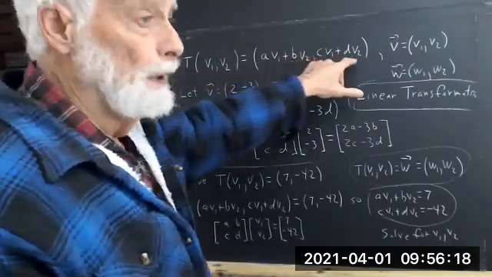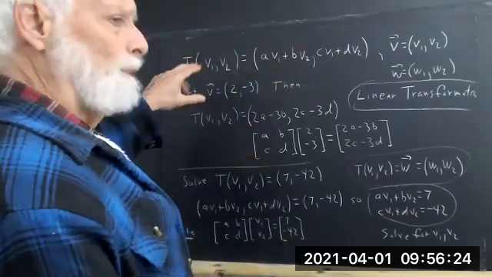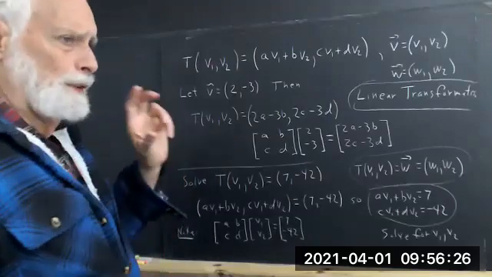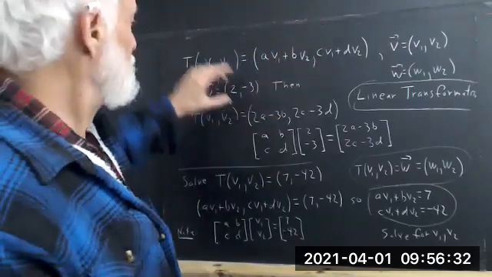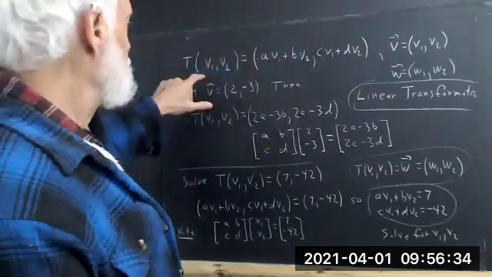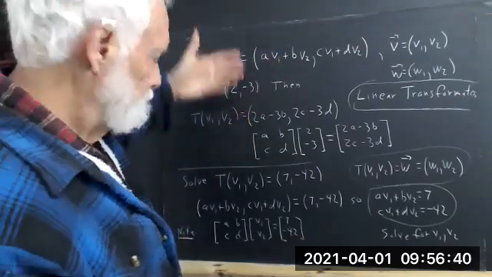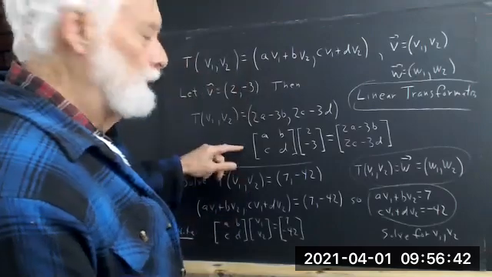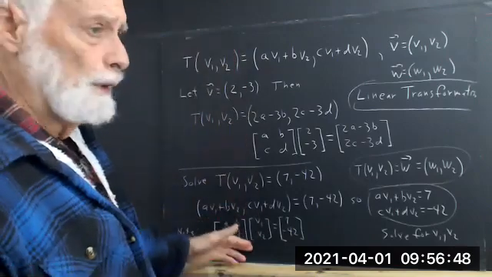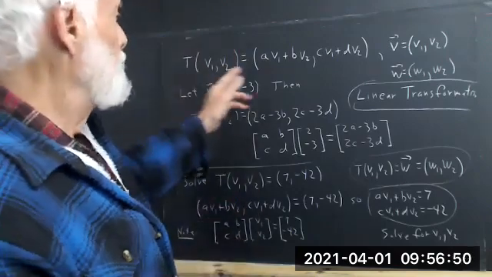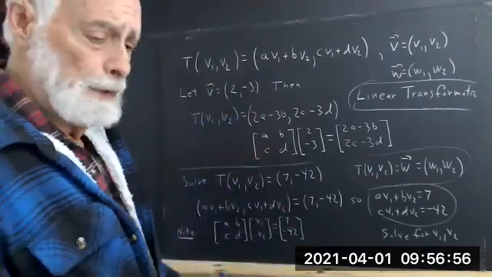You just have to give the numbers A, B, C, and D. Now, when I say in R2, I mean from R2 to R2, so transforming a vector in R2 to a vector in R2, and everything can be set up as a matrix in this way. We're not going to talk too much about the matrices today. We're just going to talk about linear transformations, images, and preimages.